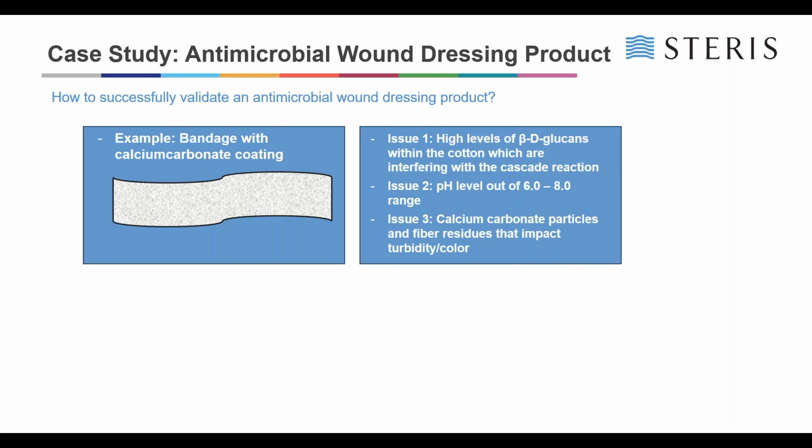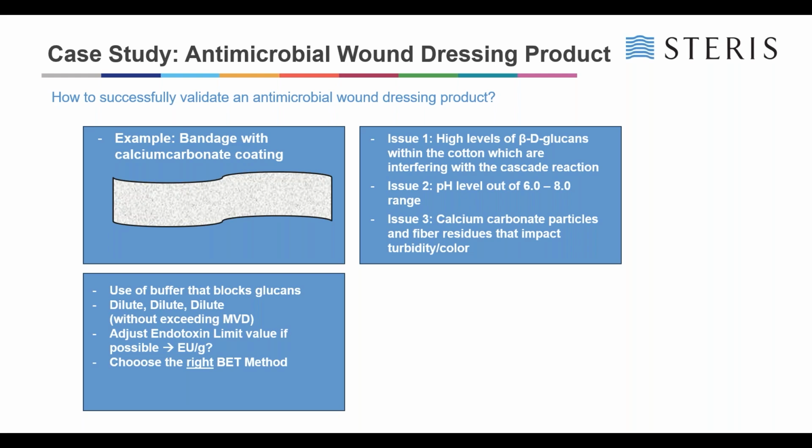This created an elevation in the endotoxin levels as it interfered with the cascade of the reagents. Additionally, we had pH levels that exceeded the test range of 6 to 8. So that was causing interference, and the calcium carbonate and related fibers and particles from that were impacting the color and turbidity that also interfered with the testing.